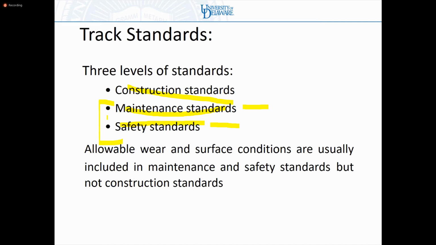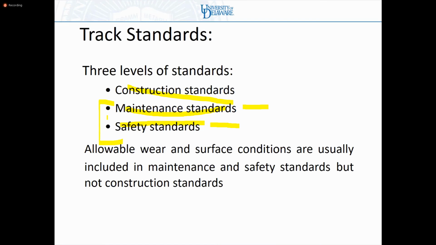Construction standards, not so much, because you're constructing the track to as fine a standard as you can, even though I will tell you, construction standards for yards and sidings are not the same as construction standards for mainline track. So even there you have some variation. But both maintenance and safety standards are speed dependent. Means the faster you go, the tighter, more restrictive the standards are, the smaller the allowable amounts.